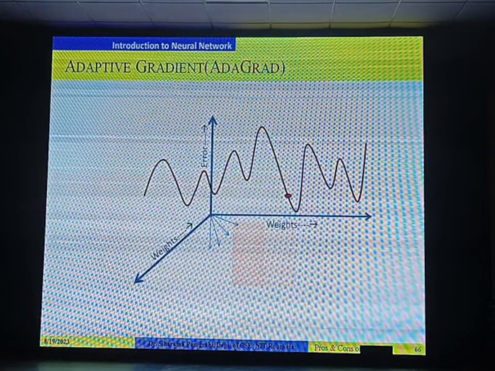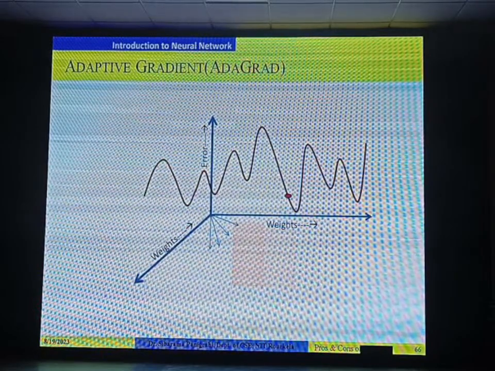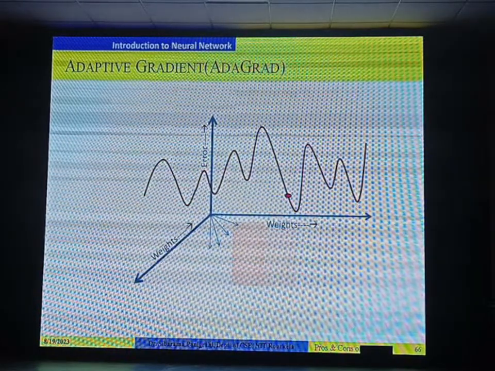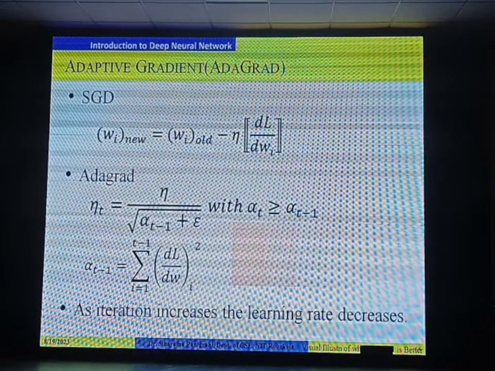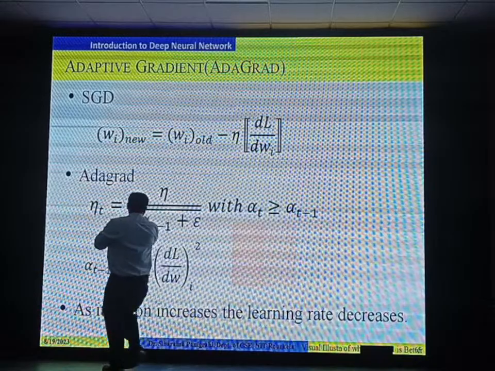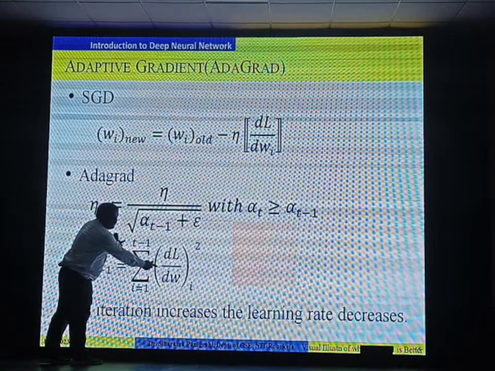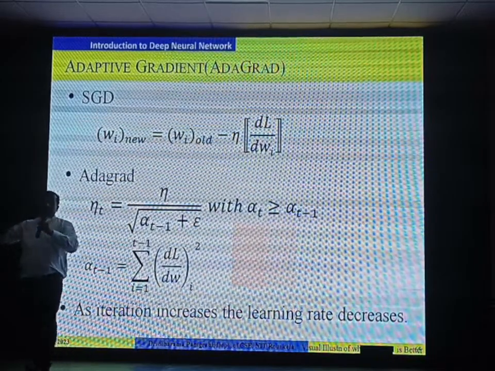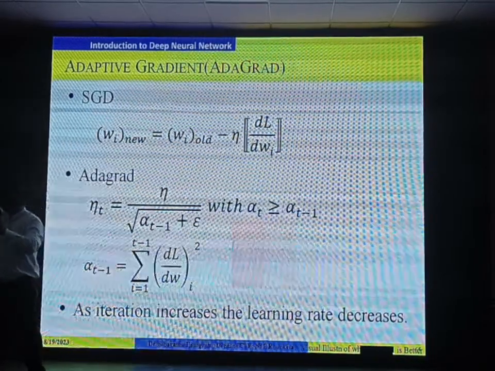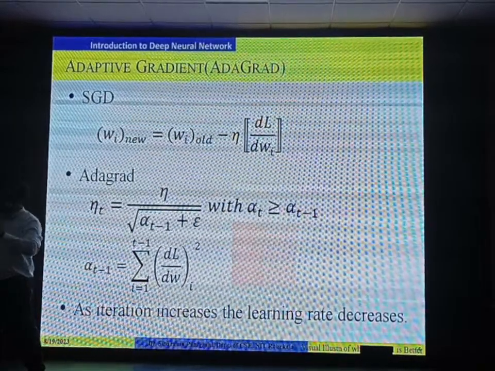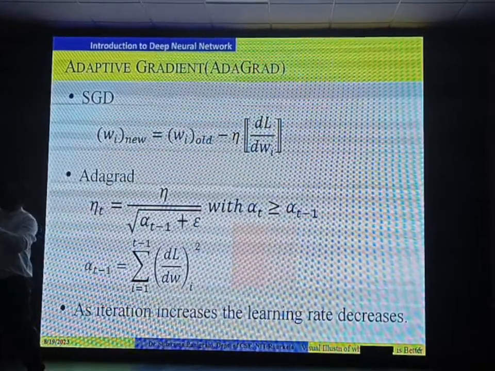As the number of iterations increases, the denominator will increase. Yes, because I haven't told you one thing. The denominator, alpha t minus 1, is the summation of the gradients of all the previous iterations. For the sixth iteration, it will be the summation of first, second, third, fourth, fifth.